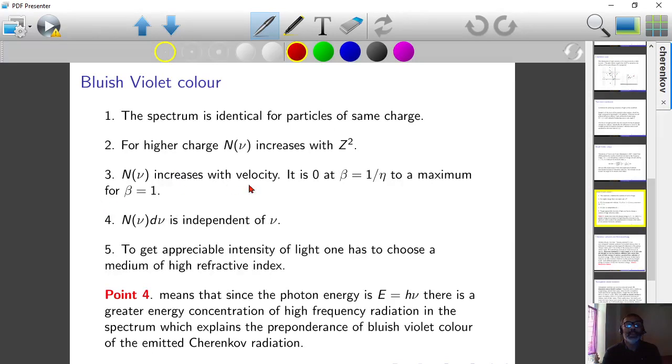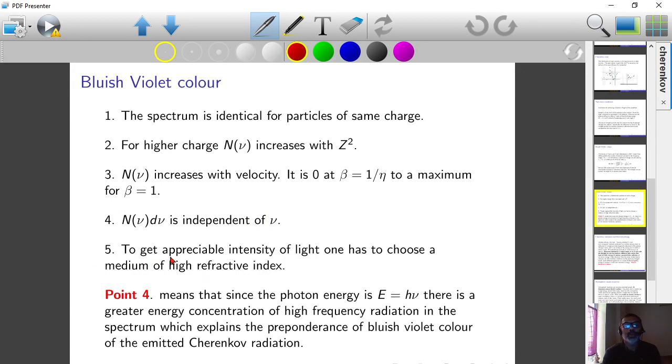N nu increases with velocity. It is 0 when beta equal to 1 over eta, and its maximum value reaches when beta equal to 1. N nu d nu is independent of nu. This is very important, and this will give us the bluish violet color.